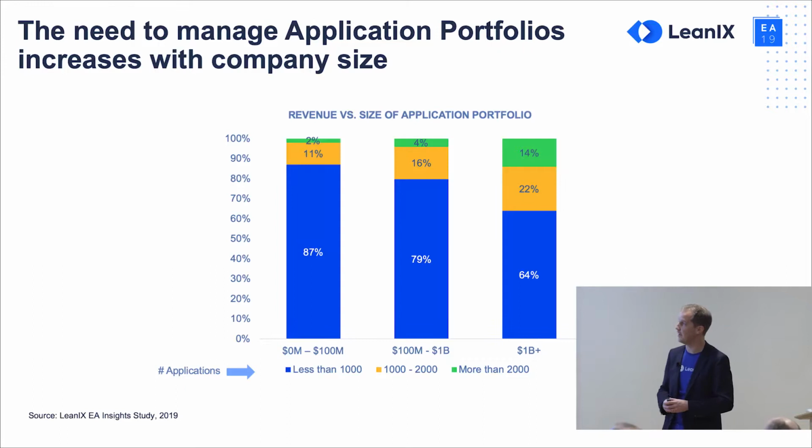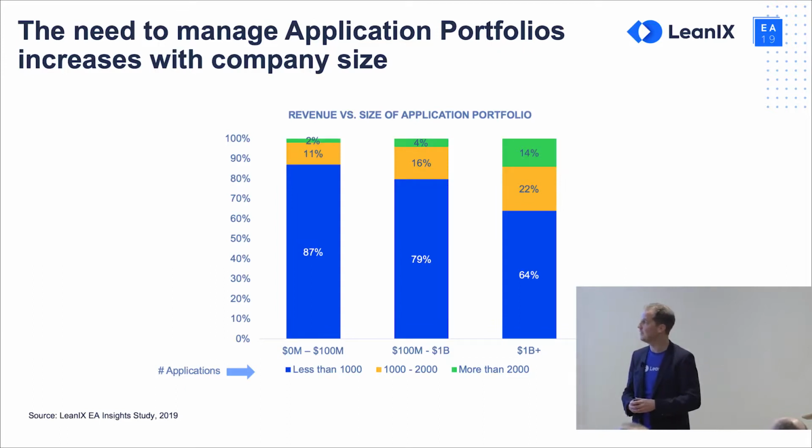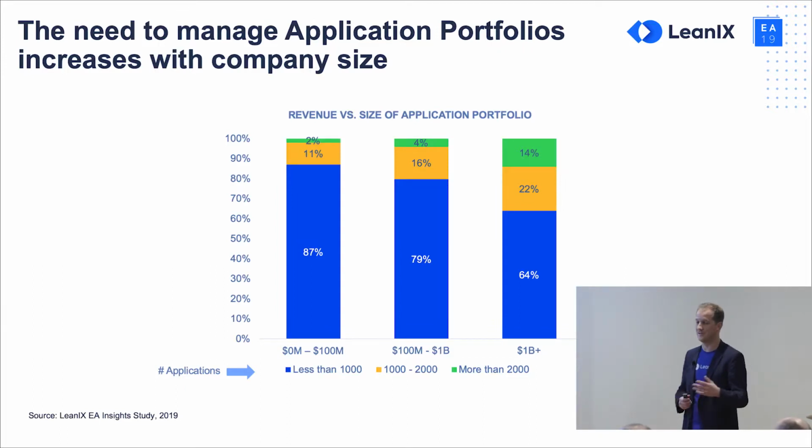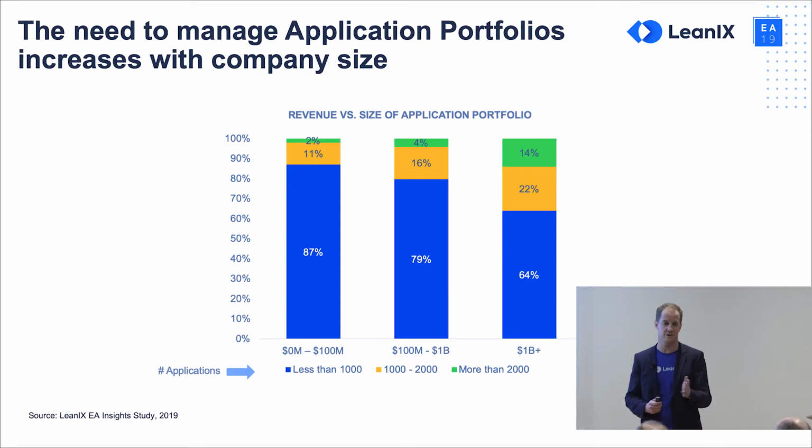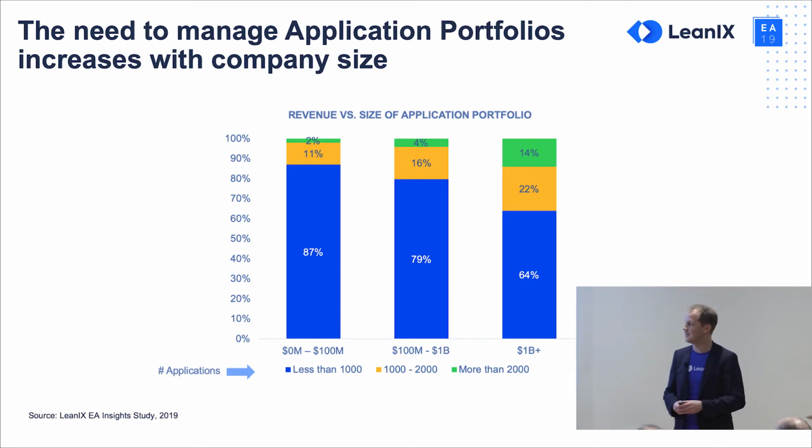First of all, to set the scene, why is application rationalization and proper management for your application landscape so important? We did a LeanIX study. We asked companies how many applications they have in total and compared that to their size of the company. What we see, and I think what's quite logical, is the larger the company gets, the more applications they have.